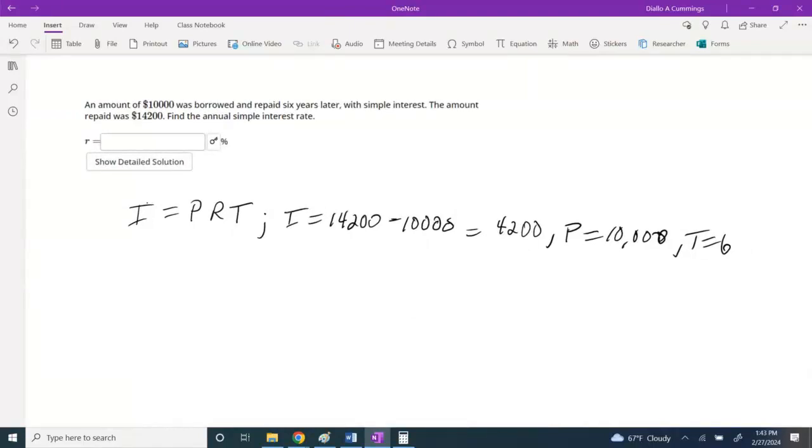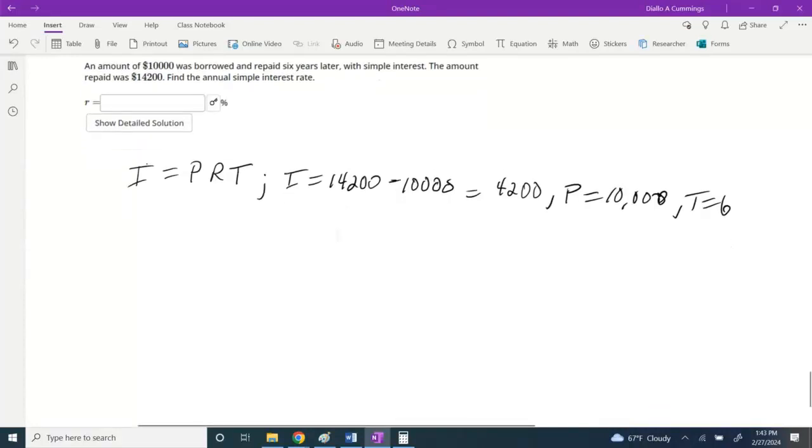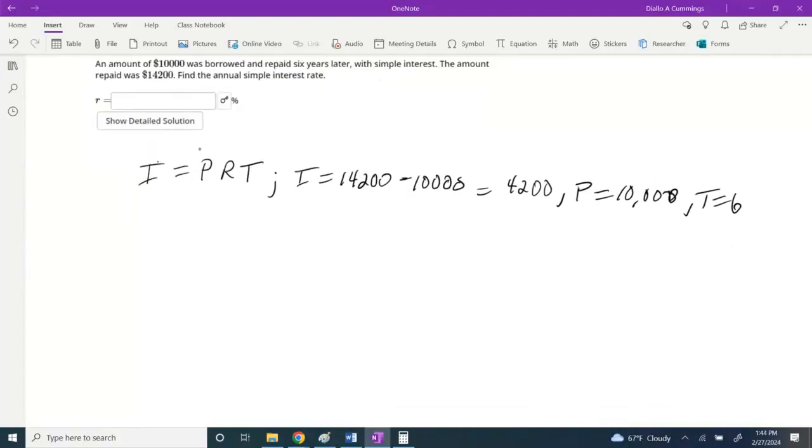So we're basically going to set up an equation to find R. For this simple interest, I'm going to substitute in the interest, $4,200, which is equal to P, the principal 10,000, times R, which we don't know, times T, which is 6.